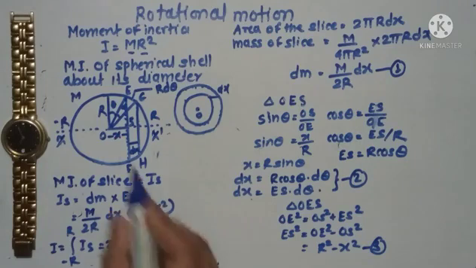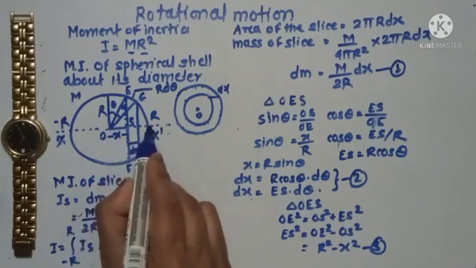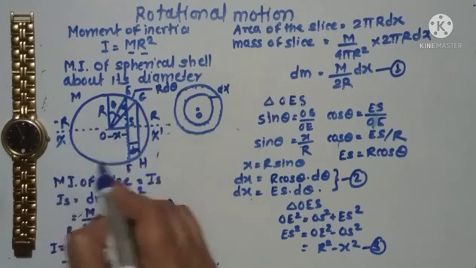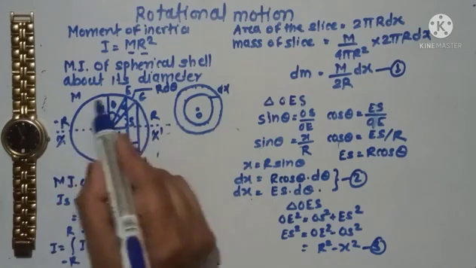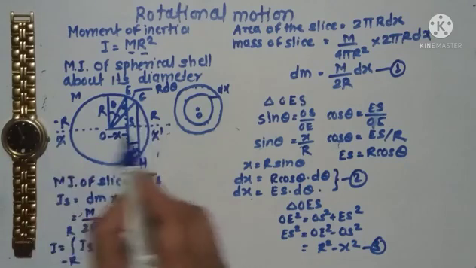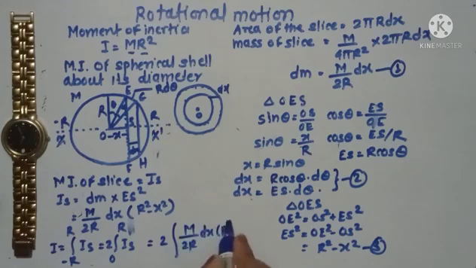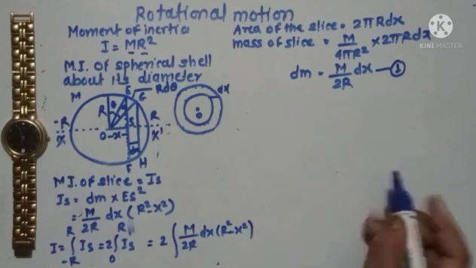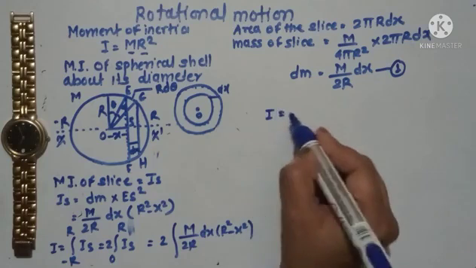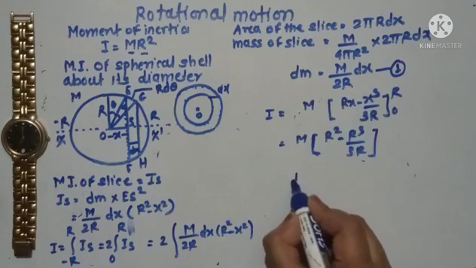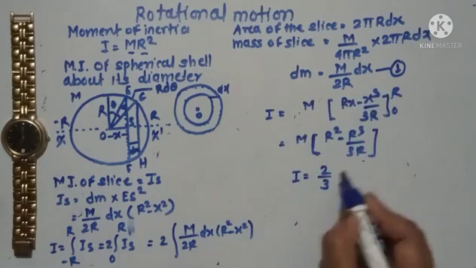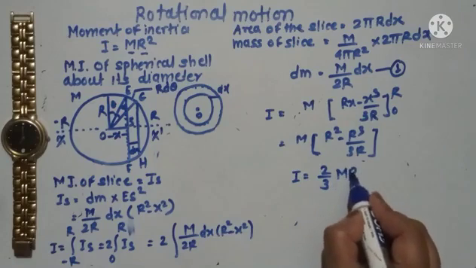If I take the integration from 0 to r 2 times, this will also give me the moment of inertia of a spherical shell about its diameter. So let us integrate this whole term. It will be 2 into the integration of m upon 2r dx times r square minus x square. Therefore I is equal to 2 by 3 m r square.